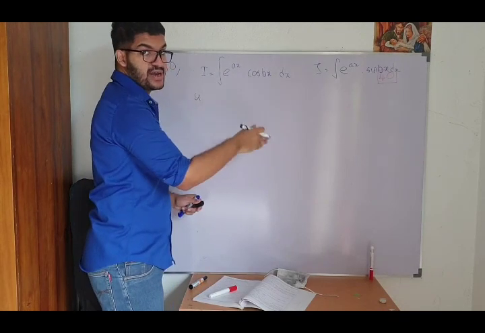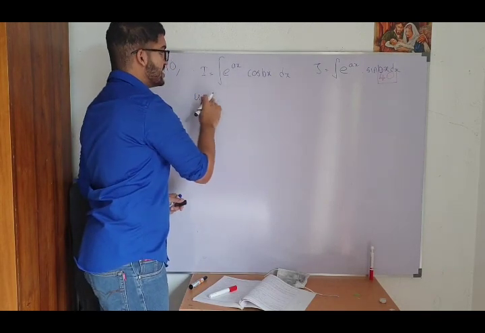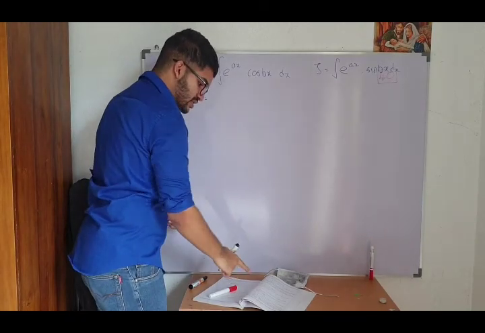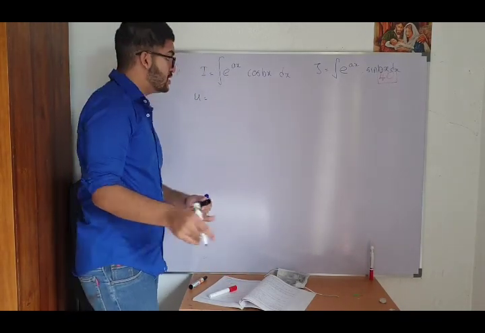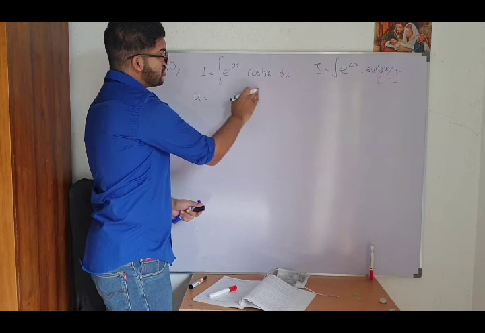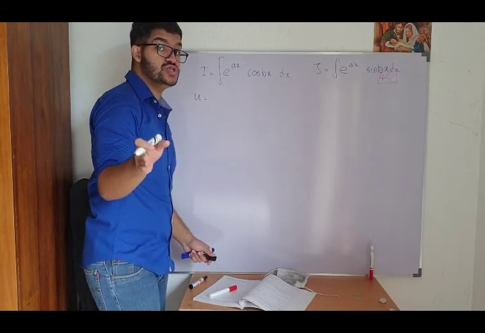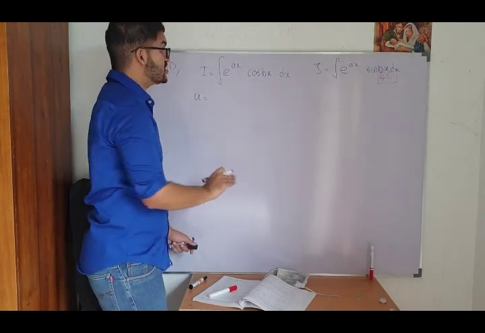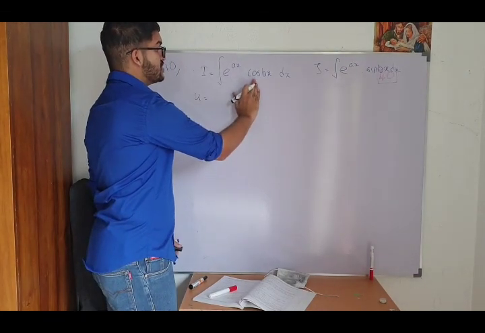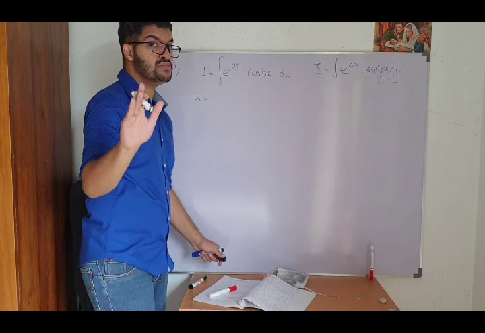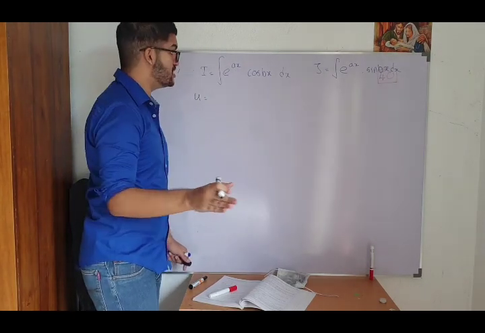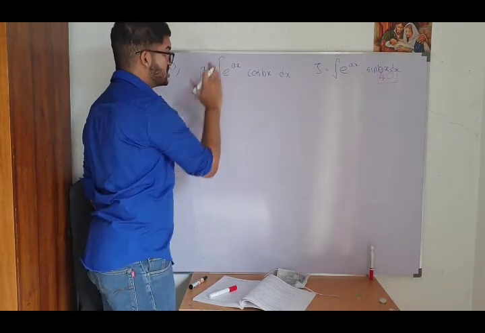It matters what you take and how you think. So we can take e^ax. Since the answer is given in a positive kind of way, we should consider it in a positive way, because if we integrate cos bx, we will get sin bx, which is a positive value. But if we integrate e^ax and differentiate cos bx, then we will get a negative value. So that's the problem here. So therefore, we should integrate in a positive way.